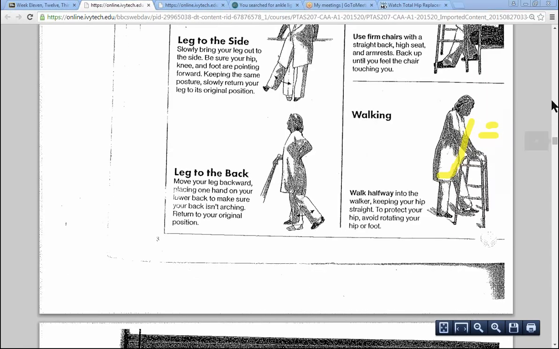Okay. Walking, they talk to them about using the walker properly. Remember that when someone's taking steps, the walker advances with all 4 points on the ground first. Then they take their step, and they step within the boundaries of the 4 points of the walker. Now, if a patient is non-weight bearing, then their foot is elevated off the floor the entire time.